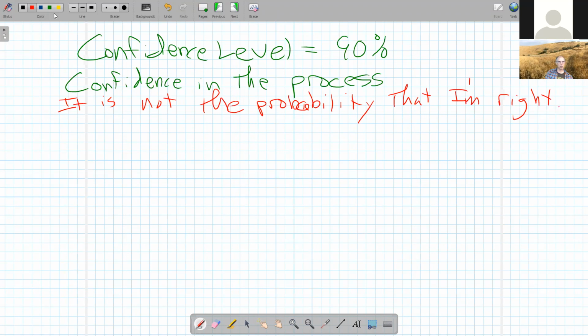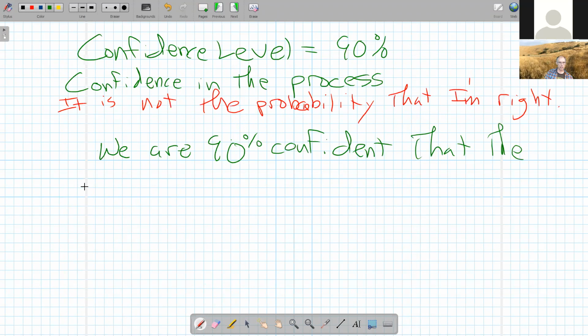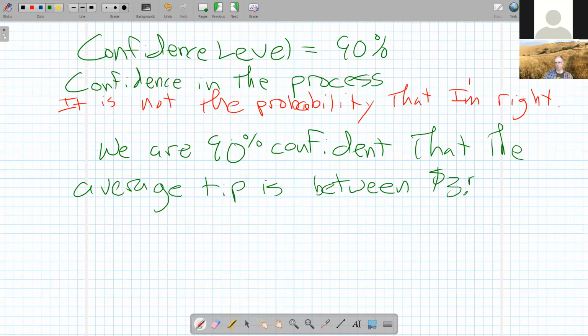And so putting this all together, I would make a media statement, as the researcher for this restaurant, and I would say, we are 90% confident that the average tip is between $3.54 and $4, and I think then rounded to 17 cents if I put in dollars and cents.